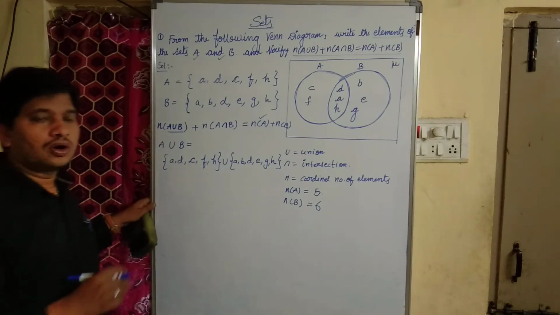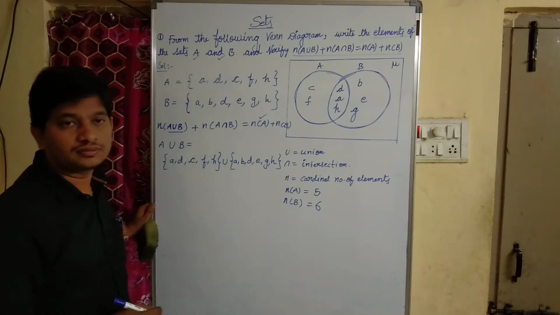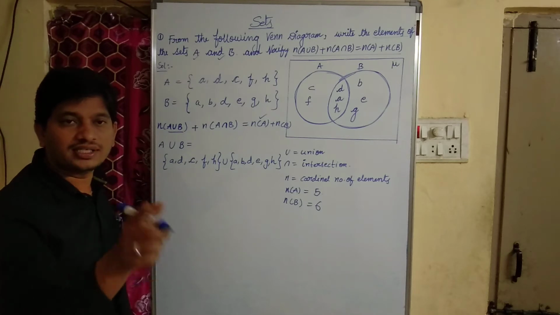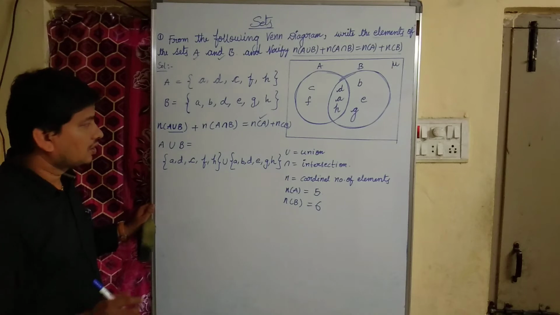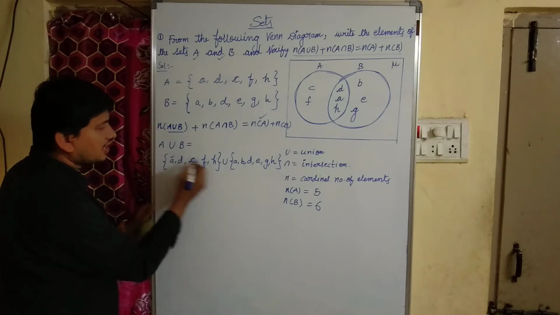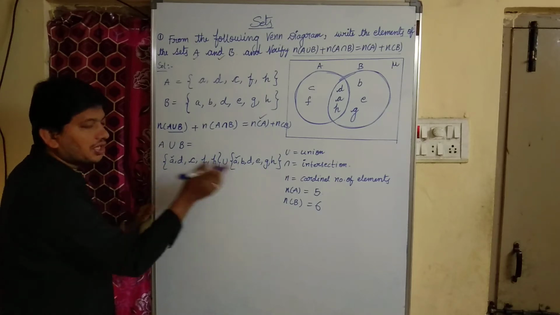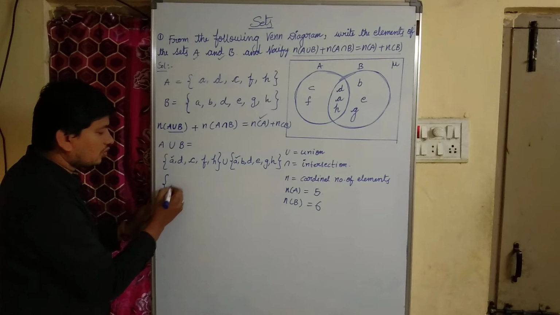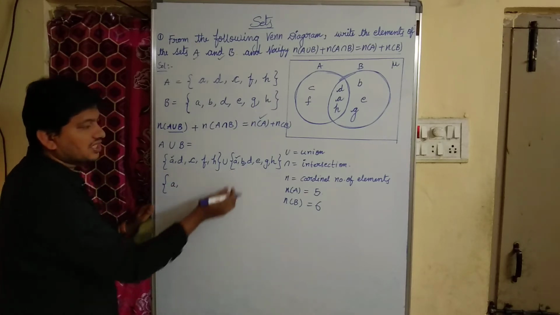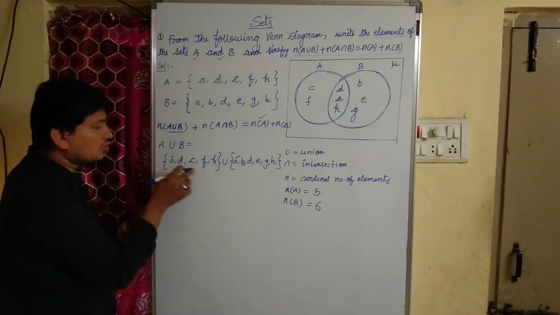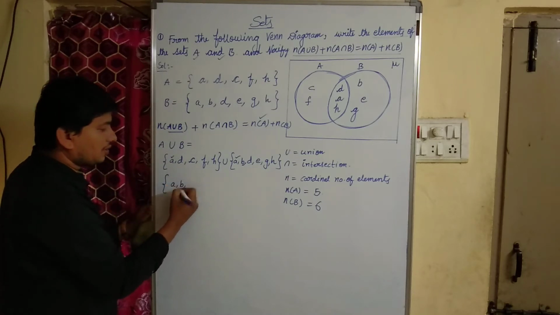Union means all the elements which are present in set A and set B. If any element is repeating twice, we need to write it only once. Children, if you see here, a is here, and a is also present in set B. I mean a is repeating two times, so we need to write it only once. Now coming to b, which is present only in set B, there is no b in set A, but we also need to write b.